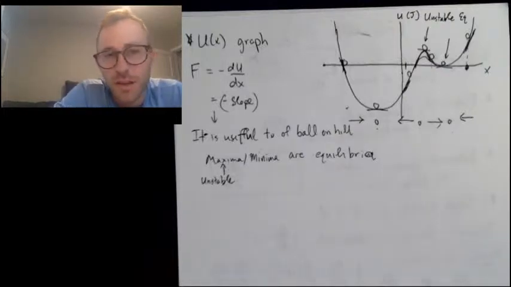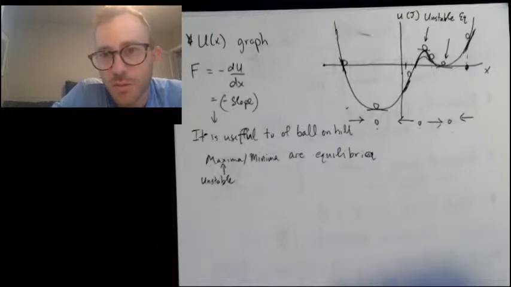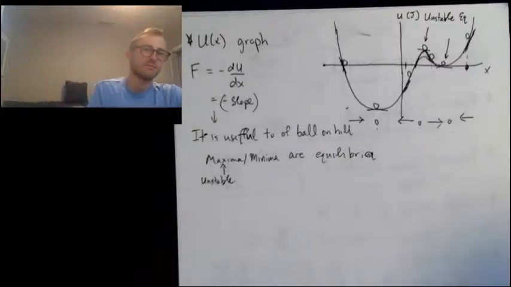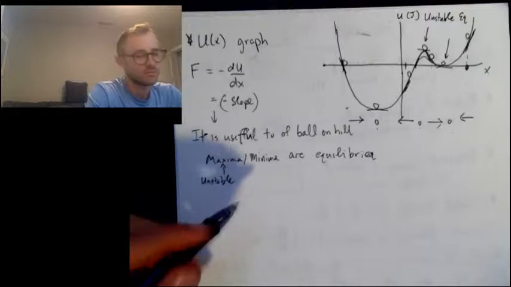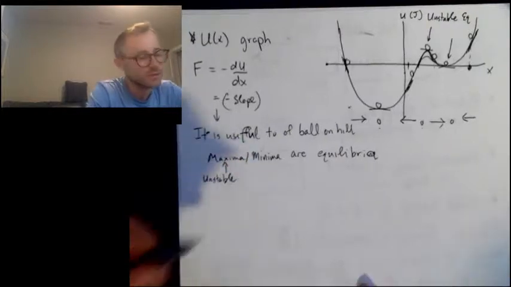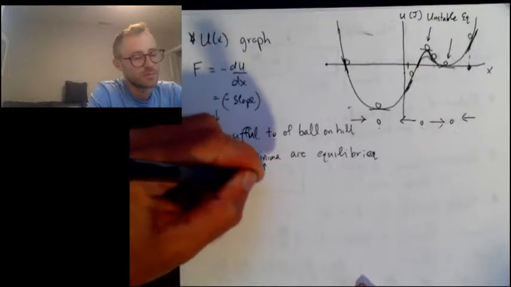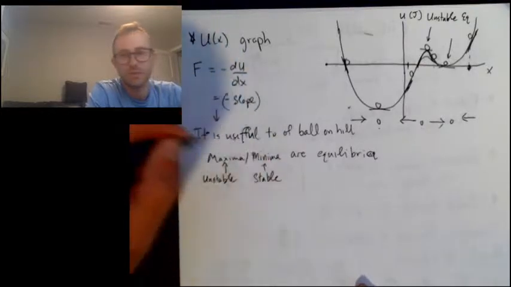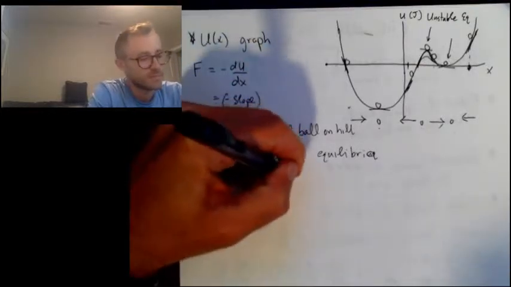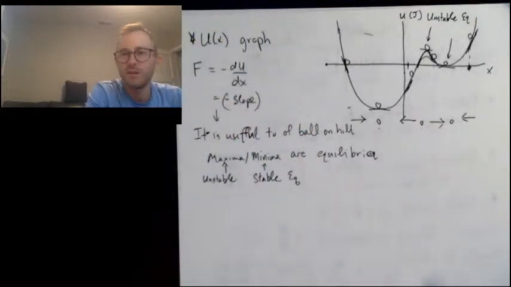Actually, it undergoes simple harmonic motion about the equilibrium point. So the minima are called stable equilibria. So you have stable and unstable equilibria.